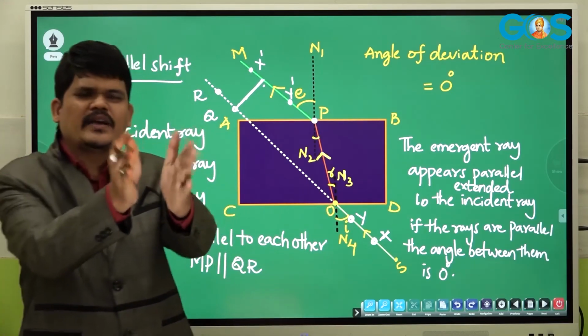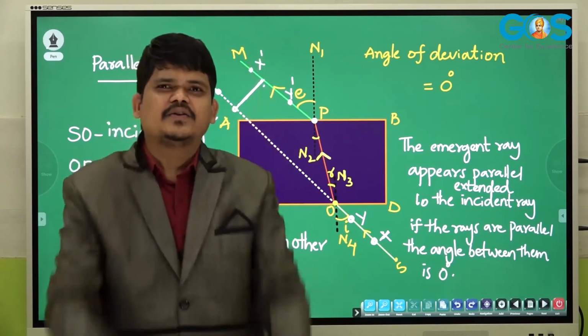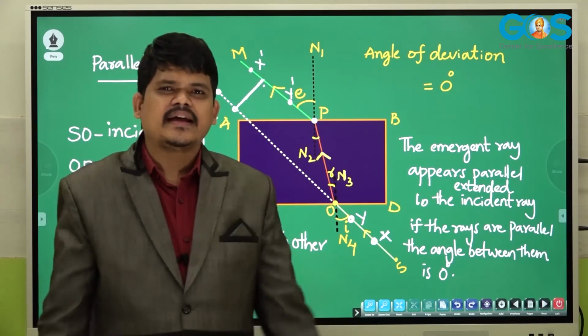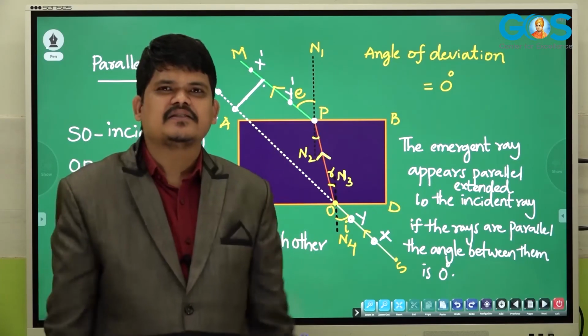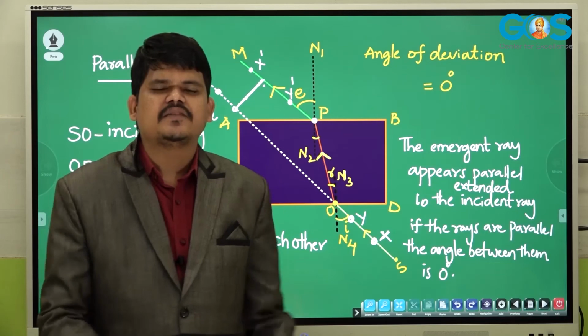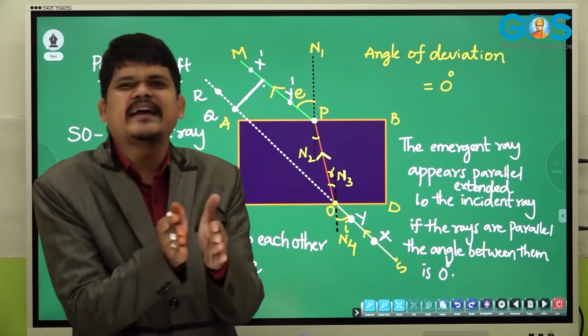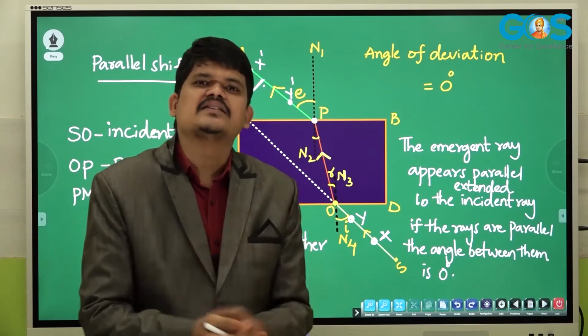If you consider two parallel lines, for example railway tracks, what is the angle between such railway lines? It is 0 degrees. Whatever lines are parallel to each other, the angle between such parallel lines is 0.